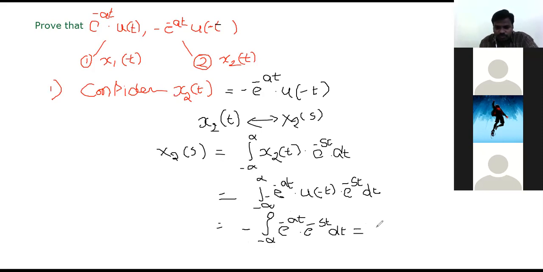Now, for this, I am going to take minus of the integral from minus infinity to plus infinity e power minus of s plus a into t.